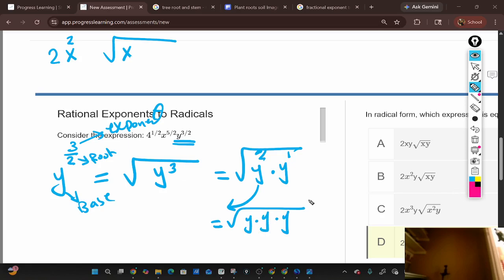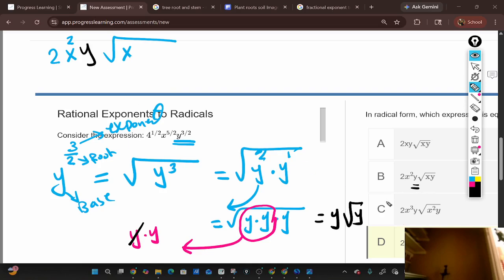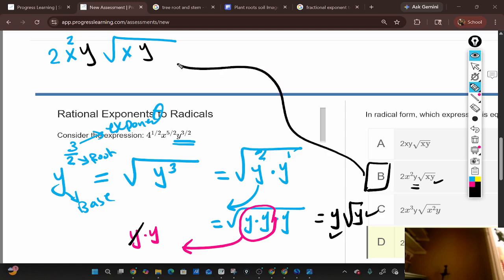So we do the same strategy by taking the two similar y's out, and we can cancel one of the y's and take one of them outside. The other y, we just have one, so we keep it under the root. So we still have y outside and y under the root. So we can say that B is the right answer.